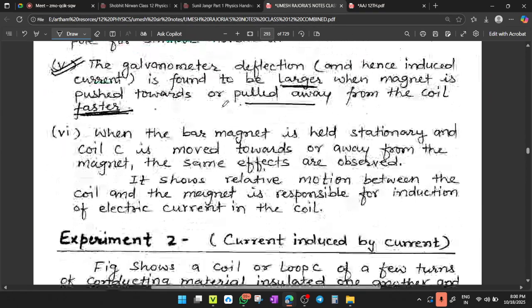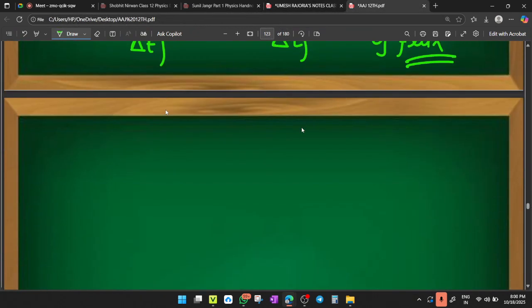Now next observation: when the bar magnet is held stationary and coil C is moved towards or away from the magnet, the same effects are observed. It shows that relative motion between the coil and magnet is responsible for the induction of electric current in the coil. Yes. Now in the first experiment, you saw that there is a stationary coil or loop, and the magnet is moved towards and far away from the coil, right?